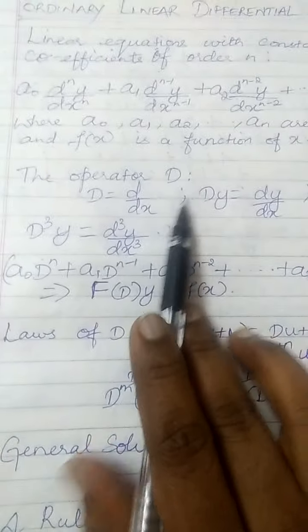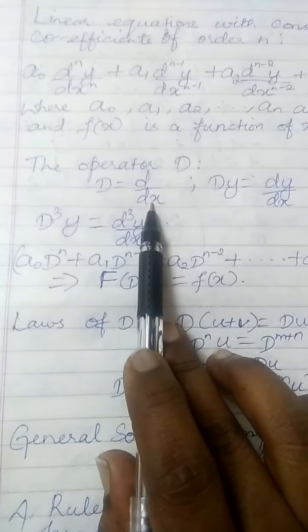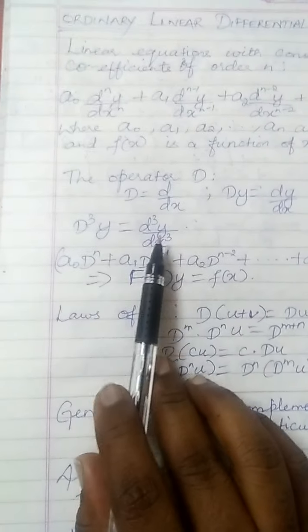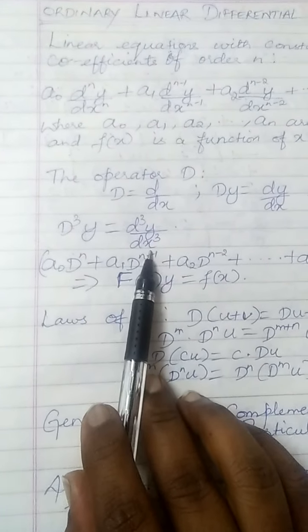The operator D is equal to d by dx, Dy is equal to dy by dx, D squared y is equal to d squared y by dx squared, D cubed y is equal to d cubed y by dx cubed.